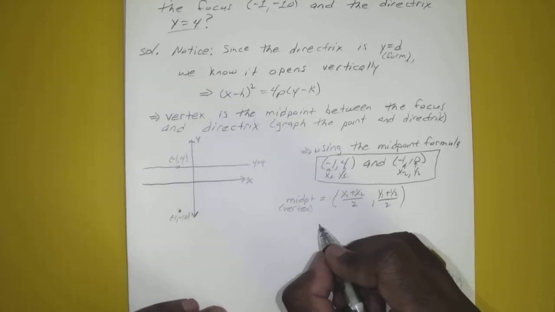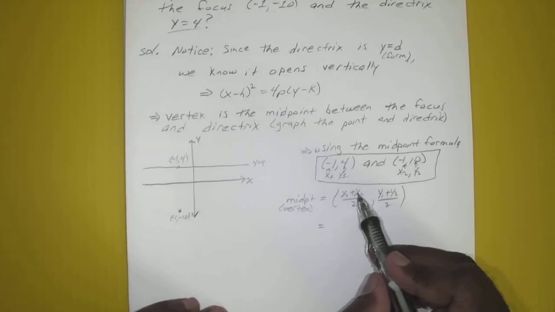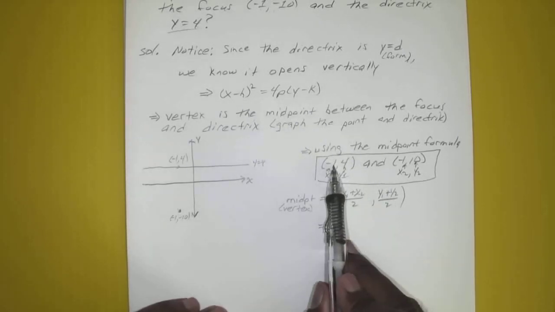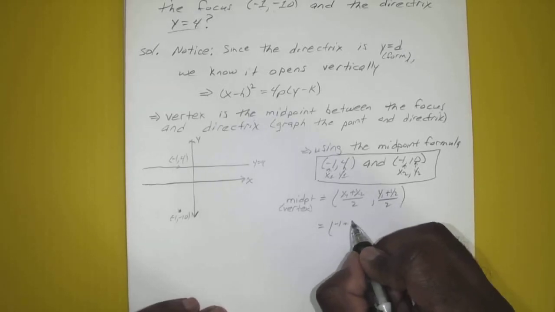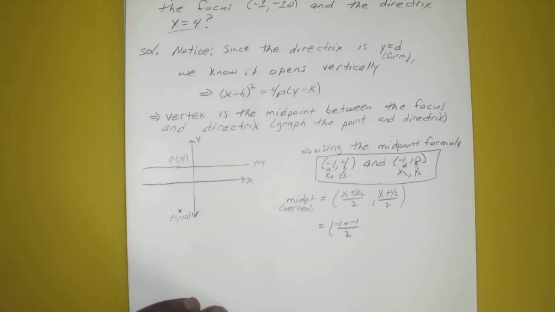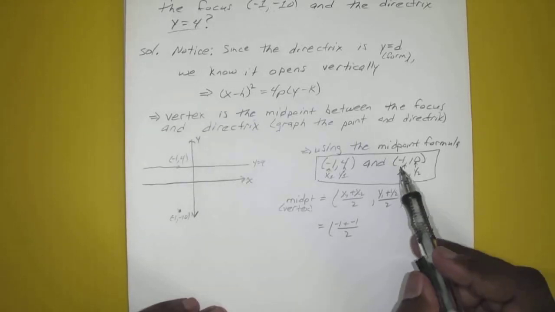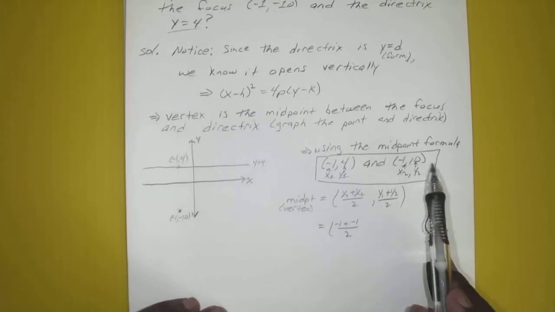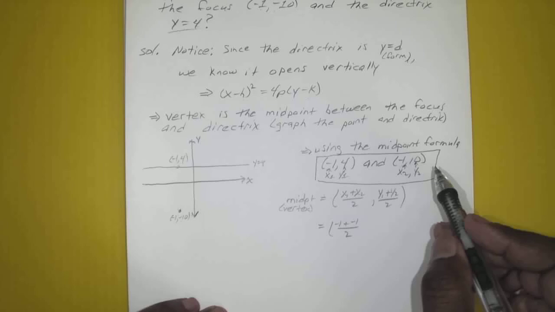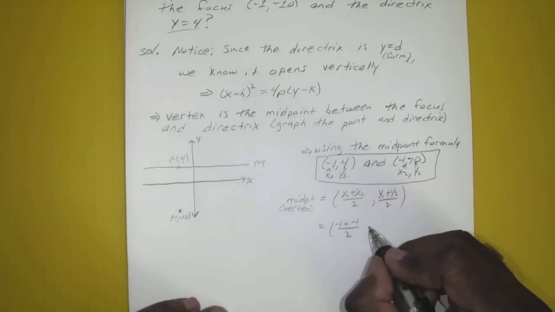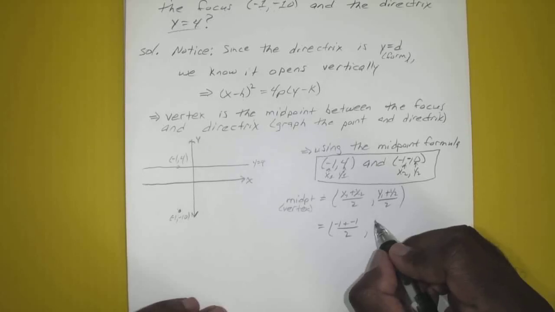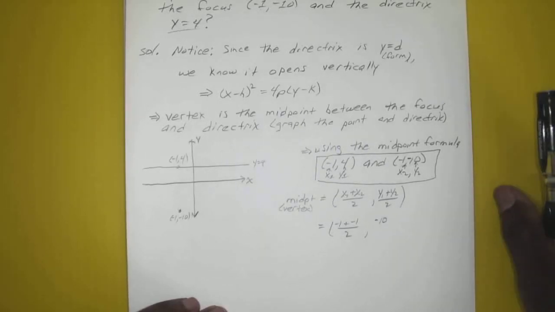If we plug everything in, our x1, x2 is negative 1 plus negative 1, so we have negative 1 plus negative 1 divided by 2. And your y1 plus y2 is 4 plus 10. Well, that should be negative 10. Sorry about that. So that should be 4 plus negative 10.